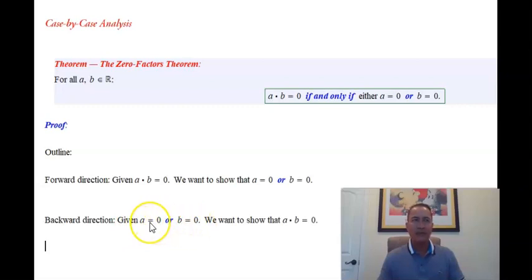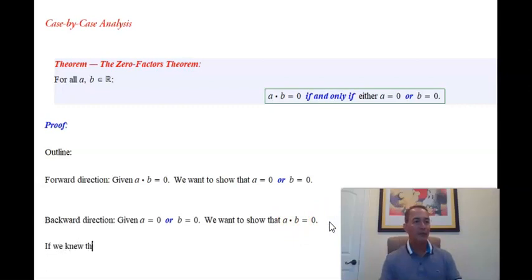Didn't we just see something like that? Right? We showed that if you take any number a and you multiply it by 0, you get 0. So if b is already 0, then we get a times 0, which is 0. Oh, that's great.